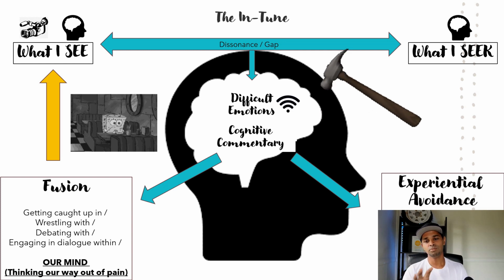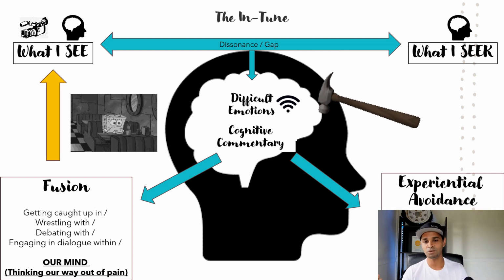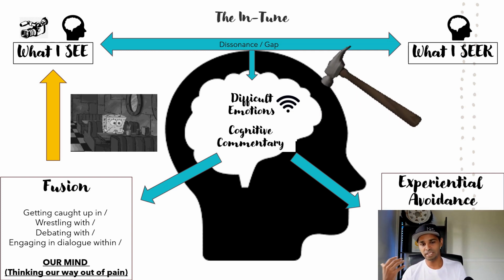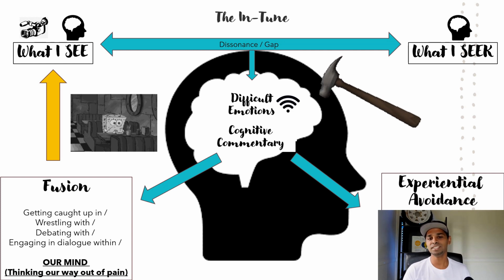But in this model, what I'm highlighting is that the hammer is targeting the wrong thing. So let me say that again. Experiential avoidance is targeting the wrong thing, in the way that a hammer breaking a petrol light would not be solving the problem. Difficult emotions are not the problem. They are the signal. What I'm putting forward in this model is that they are signaling a potential dissonance between what you are seeing and what you seek.